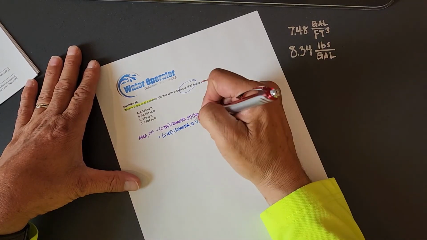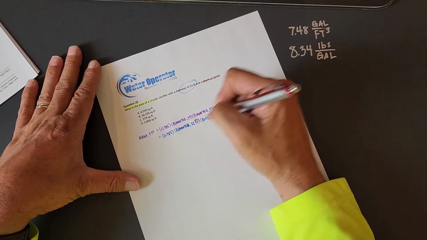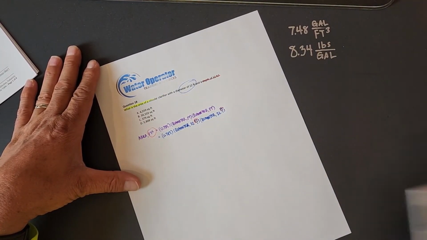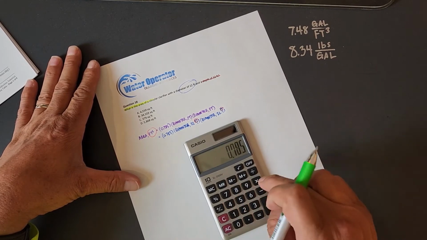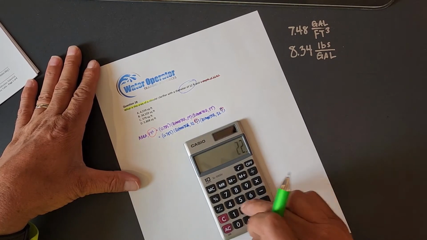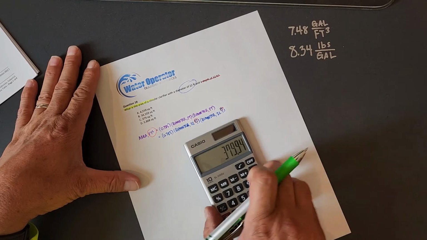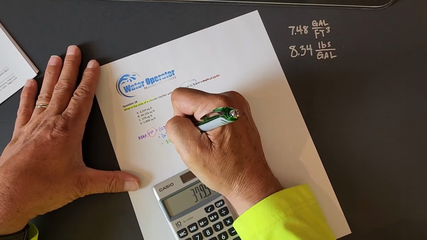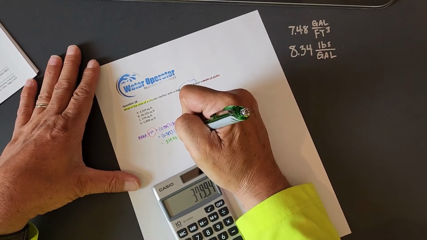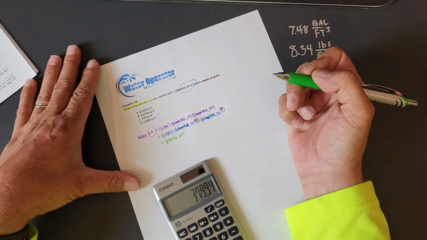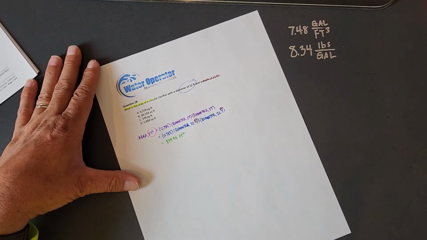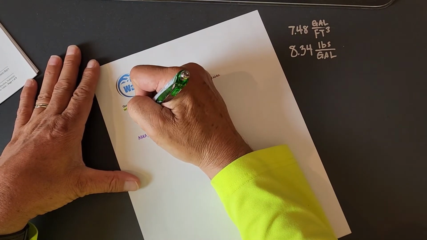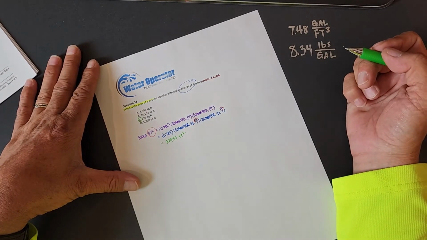We have foot here, we add those together, we get square feet. 0.785 times 22 times 22. The answer is 379.94 square feet. The best choice is 379. The answer is C.